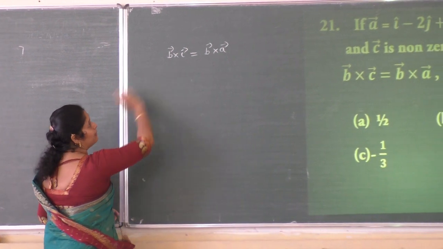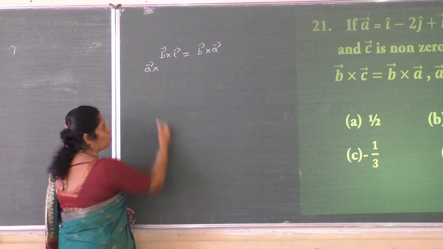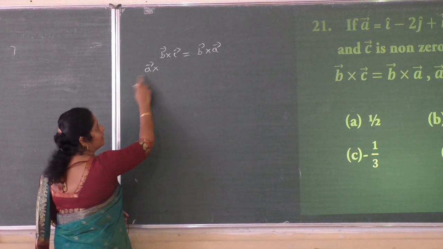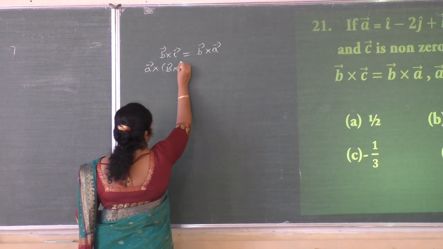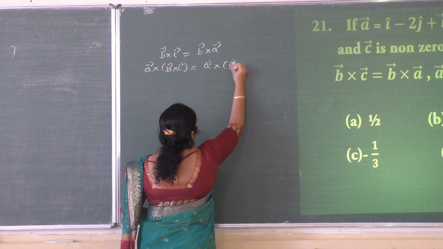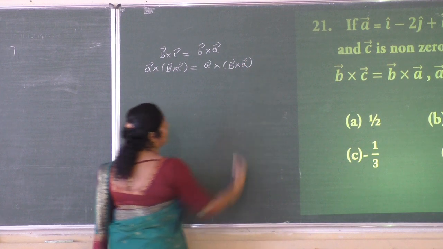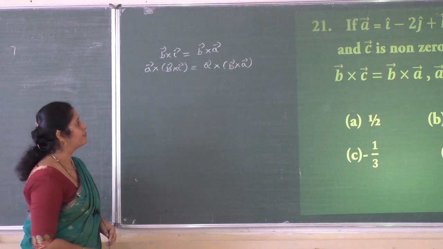For that I am taking the cross product with vector A on both sides: vector A cross vector B cross vector C is equal to vector A cross vector B cross vector A.